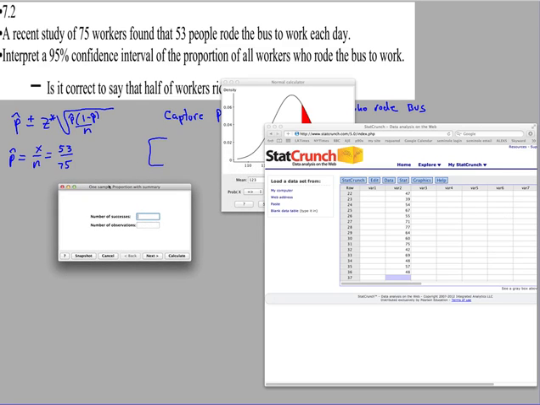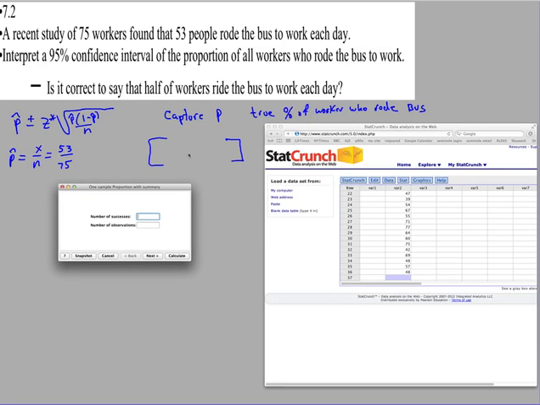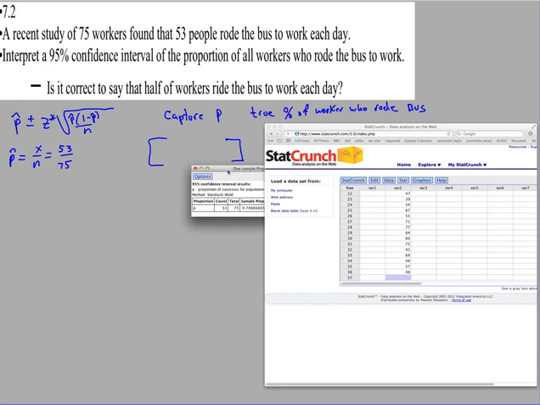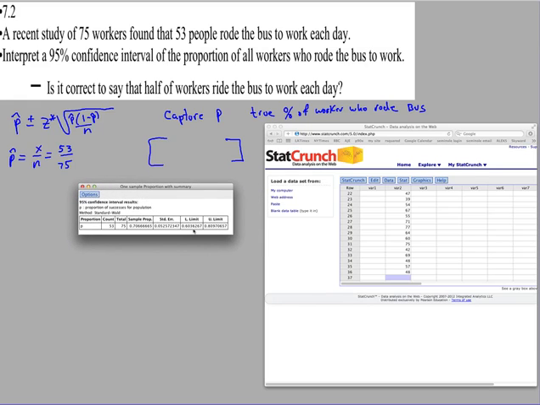So the number of successes is the number of people who rode the bus. So throw that 53 in. The number of observations would be 75. We want to go to next. Don't hit calculate yet. We're not doing a hypothesis test, we're doing a confidence interval at 95% and calculate. And here's our answer right here.